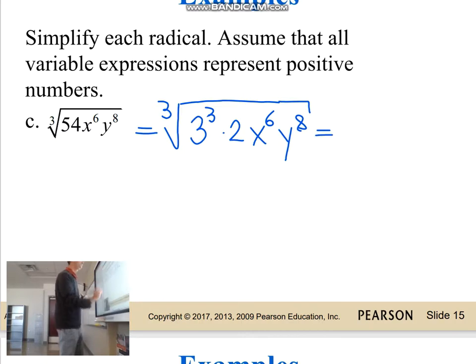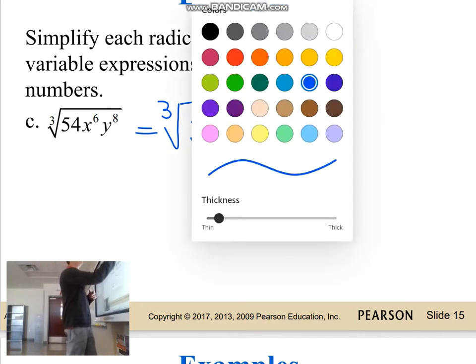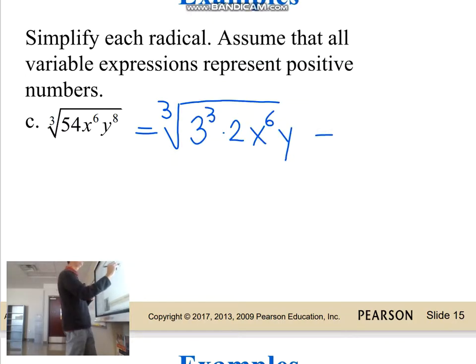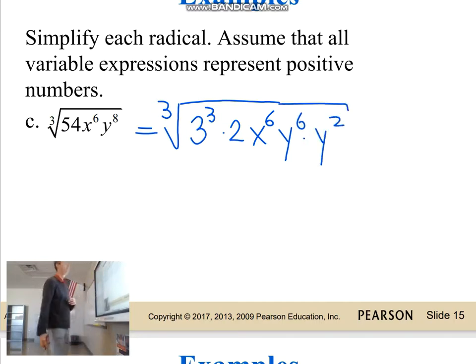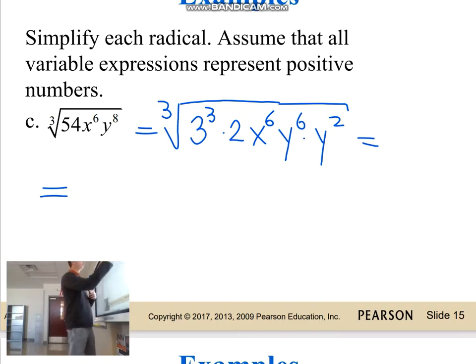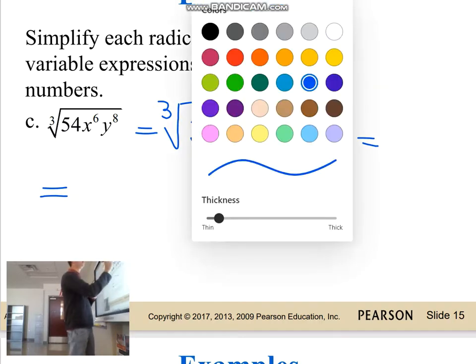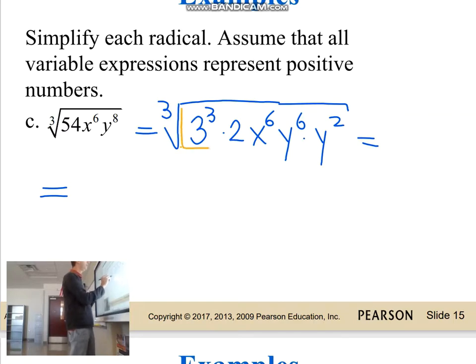The whole point is we can also break down this y 8 as y 6 times y 2. Okay? Those that have the exponent as a multiple of 3, we have 3 cubed, x 6 times y 6, we can write like this.